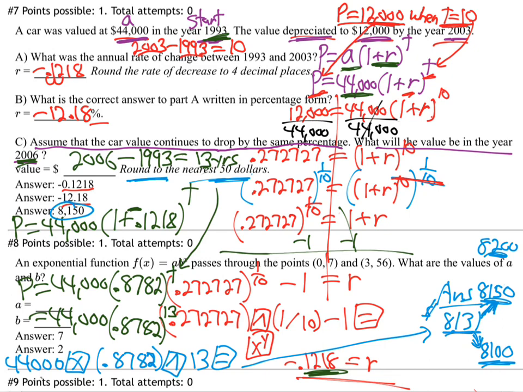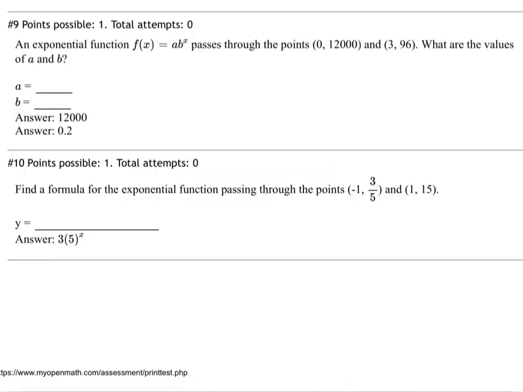Let's go on then with number 8. So again, that last part we rounded 8,131 to the nearest 50. 8,150, it's closer to that than it is to 8,100. All right, so number 8, I think I'm going to get a fresh screen where we have some room here.